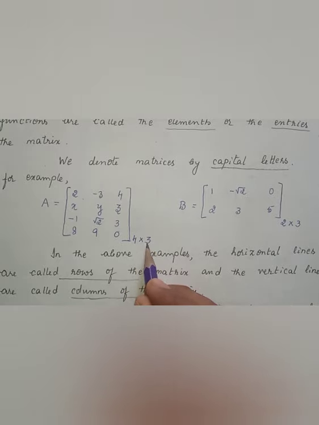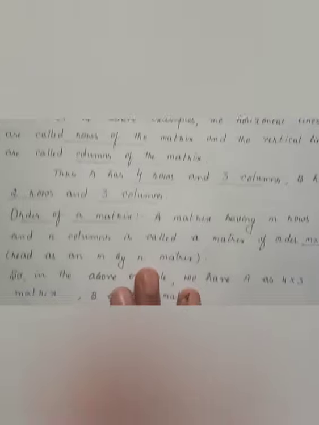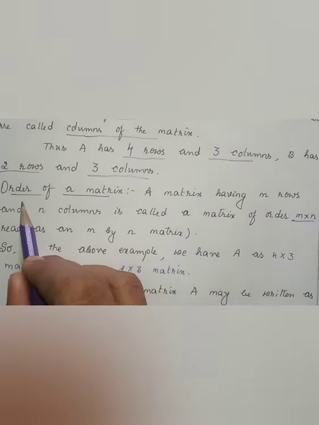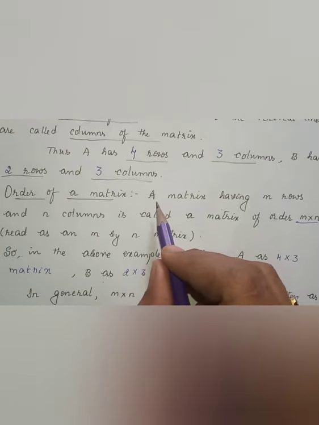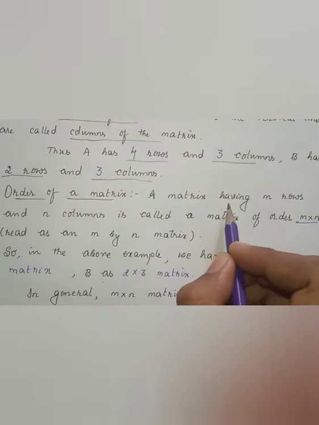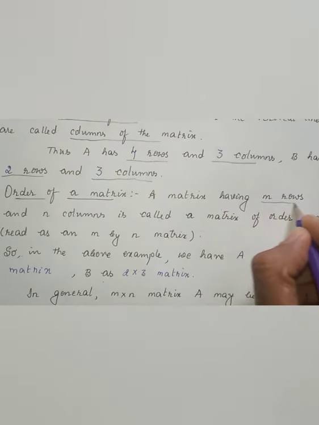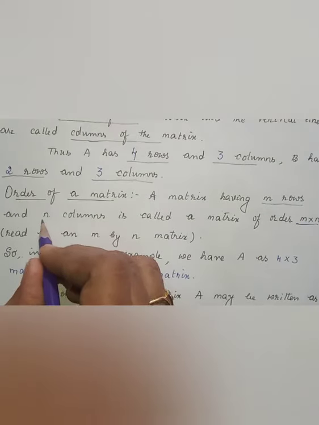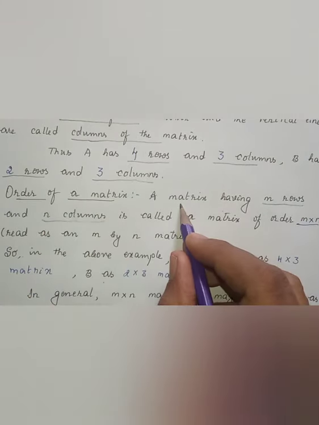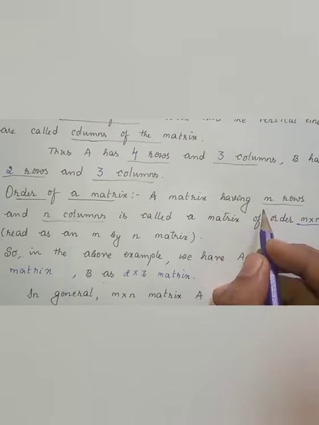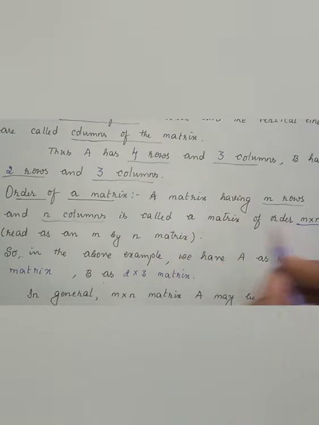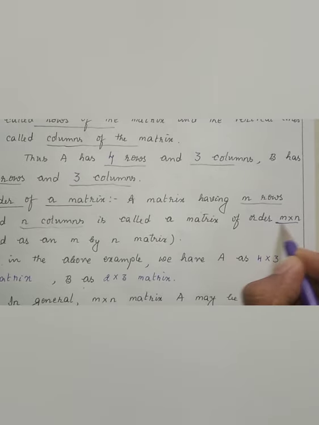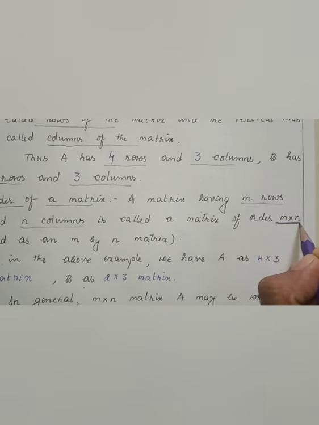In general, a matrix having m rows and n columns is called a matrix of order m by n.